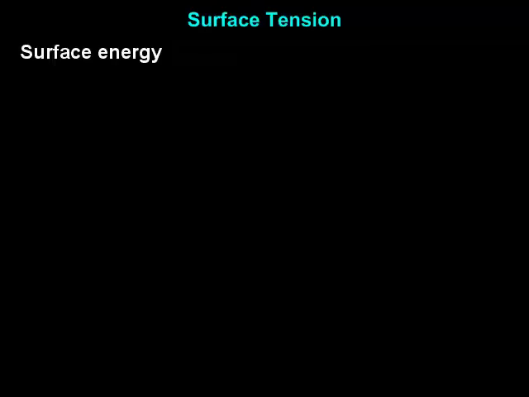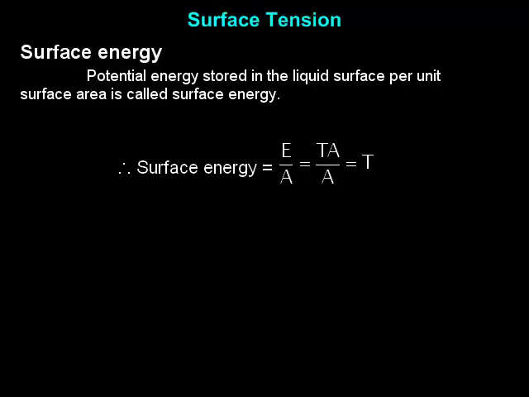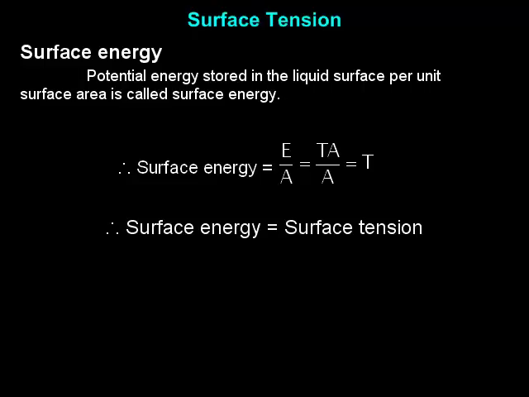Now surface energy is defined as potential energy stored in the liquid surface per unit surface area. So surface energy is potential energy upon area, that is TA upon A, that is T. Hence surface energy is same as surface tension.